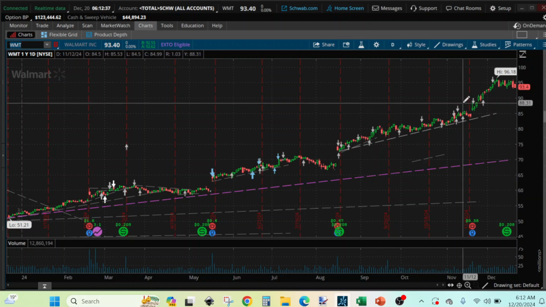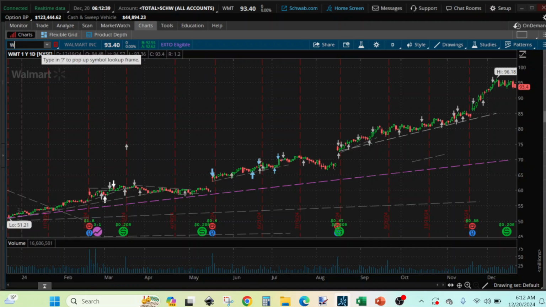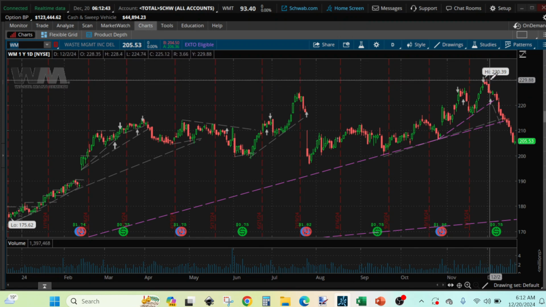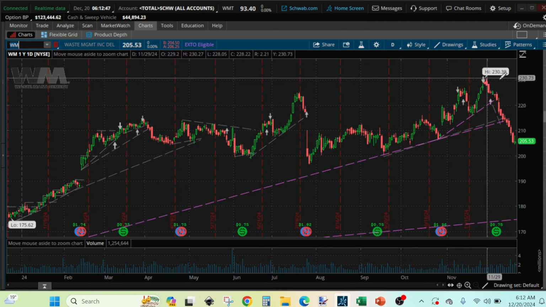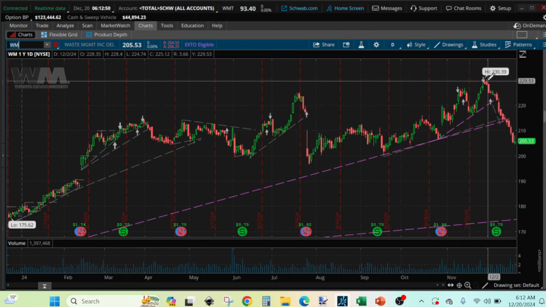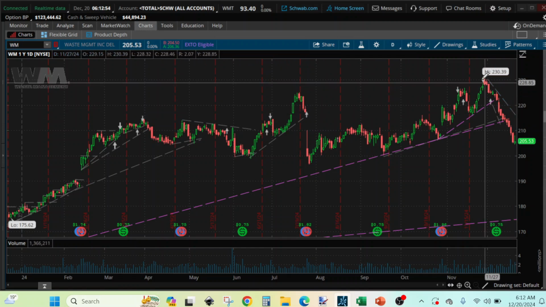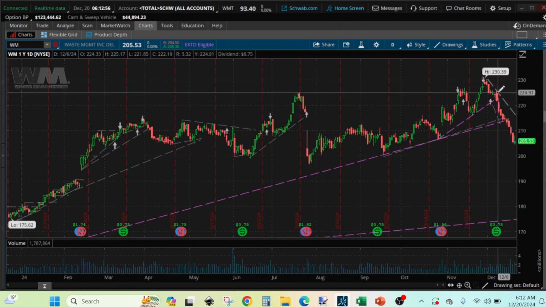It doesn't have to break the down trend line. If I want to trace the down trend line here, it will connect this high and this high.